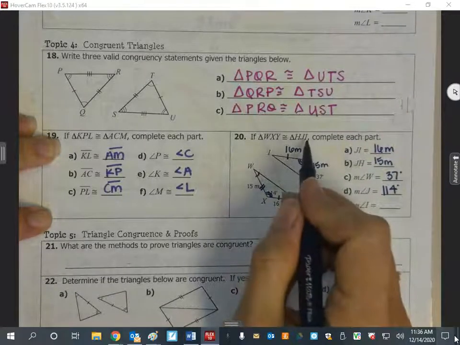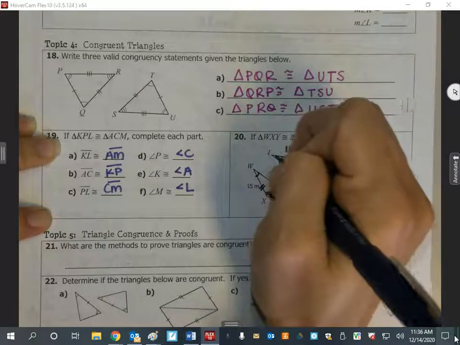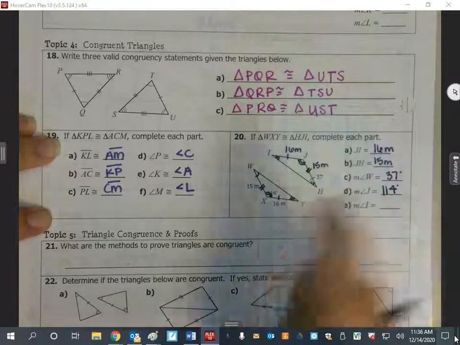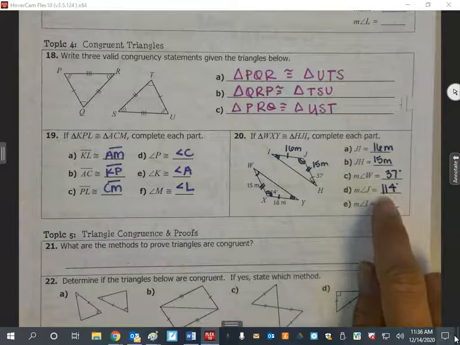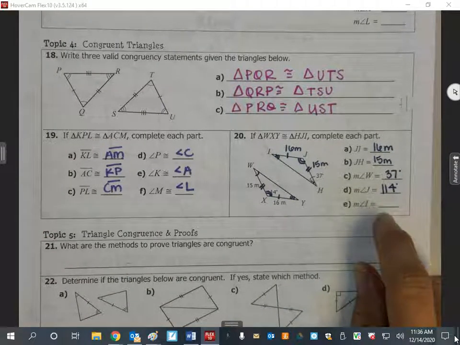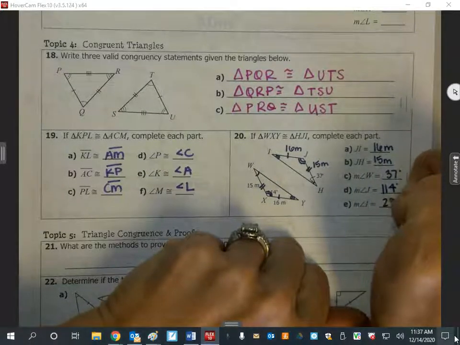And then angle I corresponds to angle Y, and we don't have any information about either one of those, but we do have the other two degree measures. We have 37 and 114. So if we do 180 minus 114 plus 37, we should get 29 degrees for angle I.